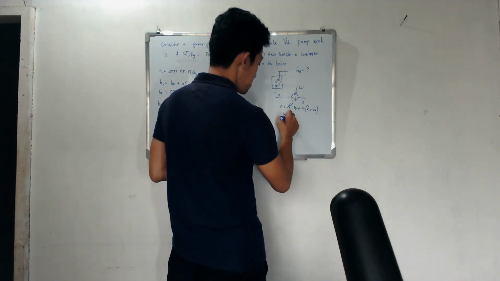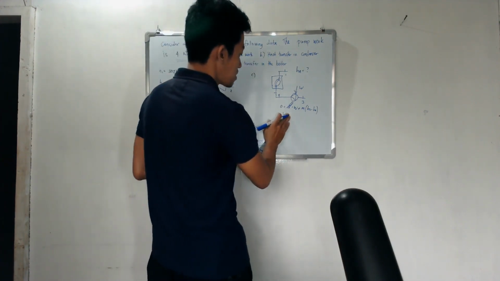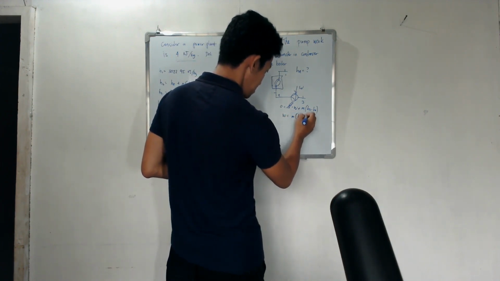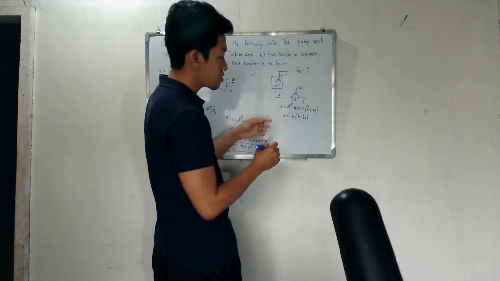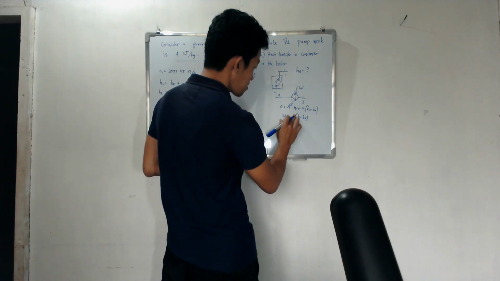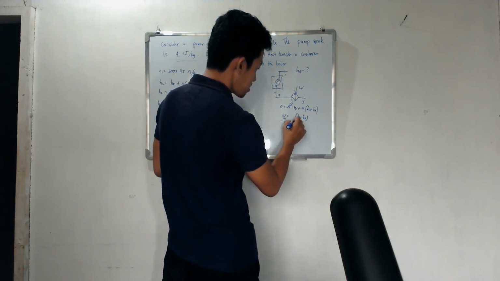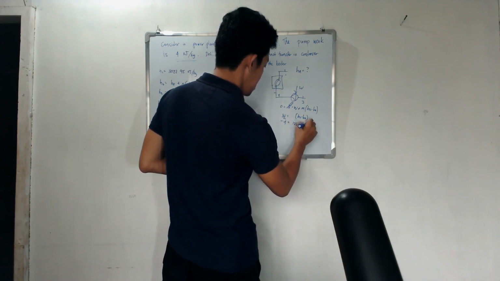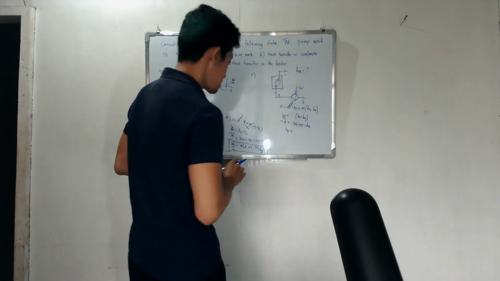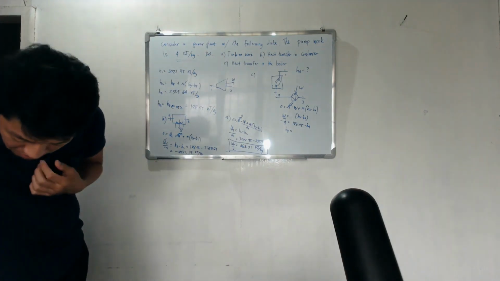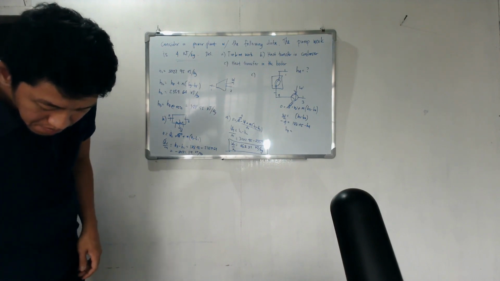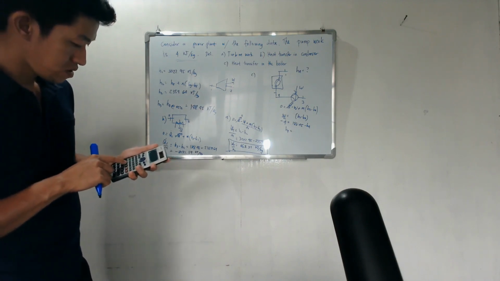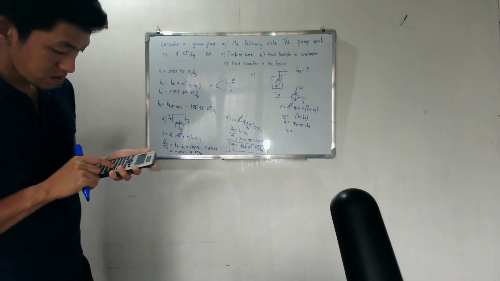Q is 0, therefore work sa pump, which is given man 4. Since pasulod, negative 4. By the way, work over M na. Negative 4 is equal to H3, 188.45. Therefore, H4 is just 192.45, diba?